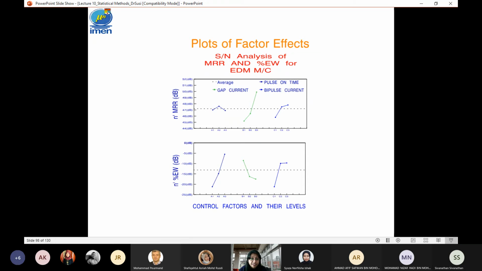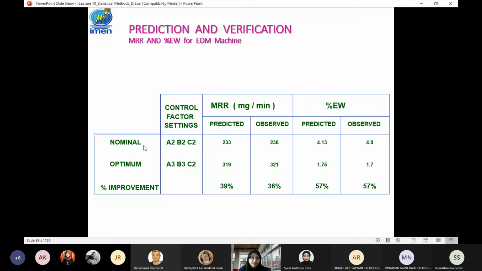Factor effect, so it's the same. It's just a summary of both in one page. We started with A2, B2 and C2, and now the optimum is A3, B3 and C2. This is for MRR and this is for electrode wear. They both gave similar values, and you can see the predicted is 39%, but when you run this experiment, you get a 3-to-1 material removal rate and your percentage of electrode wear is 1.7.